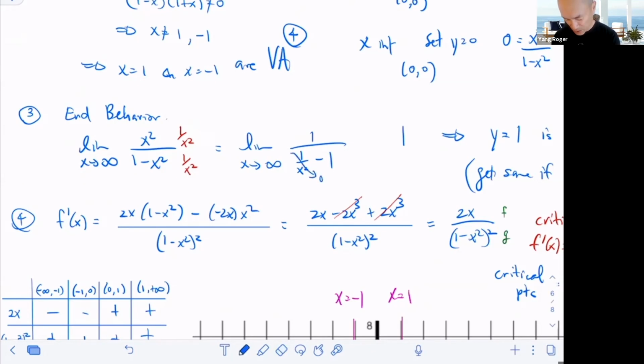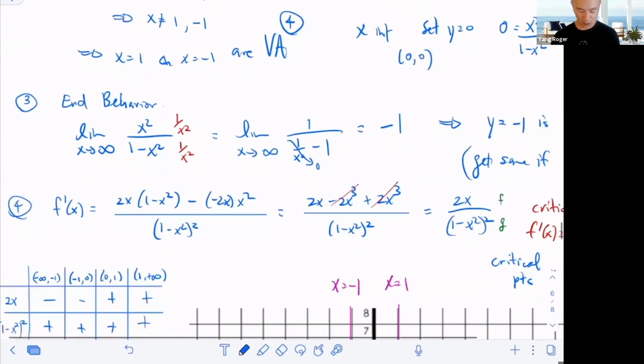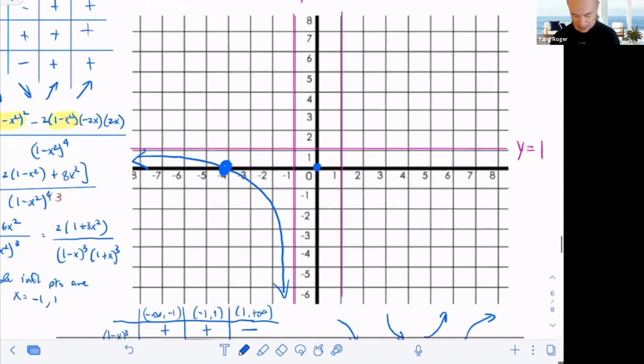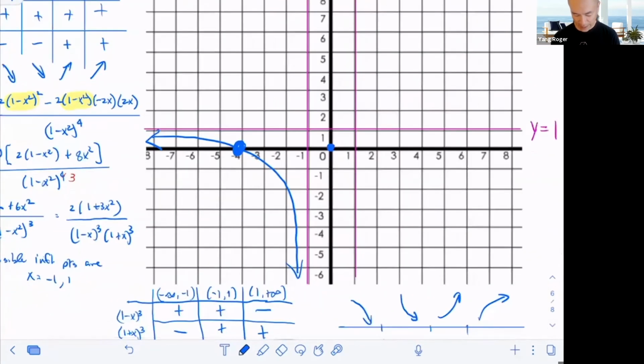So my horizontal asymptote is actually y equal to -1. So when I went to graph this line, this y equal to 1 line, it was y equal to -1, not y equal to 1. So we're never going to cross the axis there. So I think there's a lesson there that I need to learn, I guess.